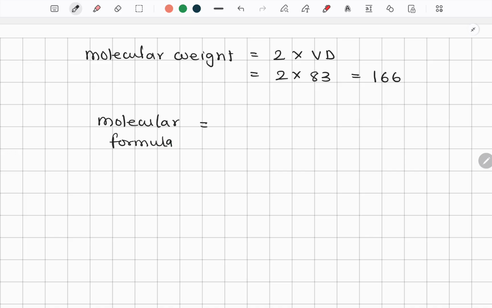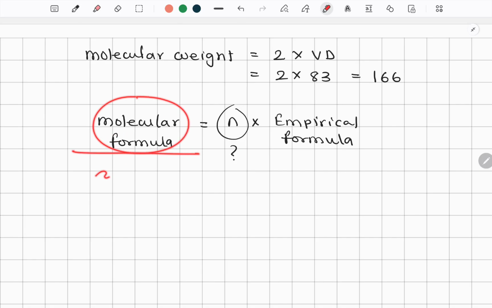is equal to n into empirical formula. So sir, what is this n? This n is nothing but the molecular weight divided by the empirical formula weight.